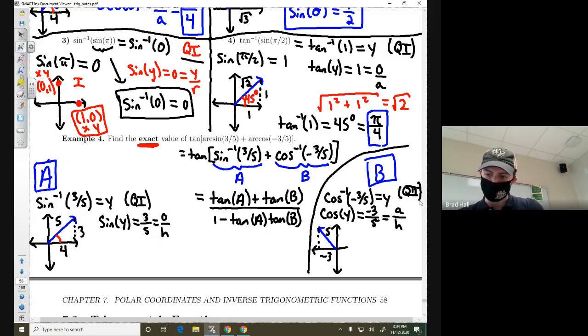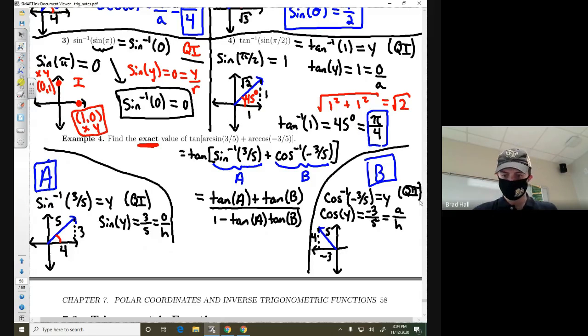Hypotenuse is 5, and you will figure out that opposite is 4. So we drew angle A off to the left, angle B off to the right, and now we just have to figure out the tangent of all of those.